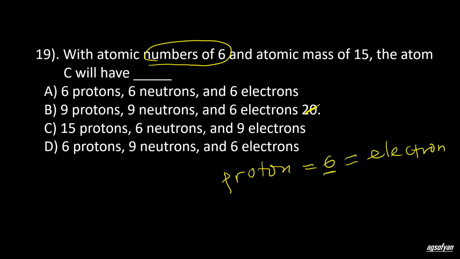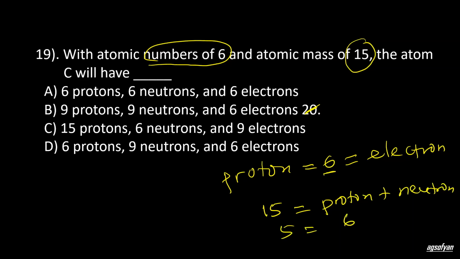The atomic mass is the number of protons plus neutrons. So 15 equals protons plus neutrons. Because we know the protons are 6, the neutrons will be 15 minus 6, which is 9.